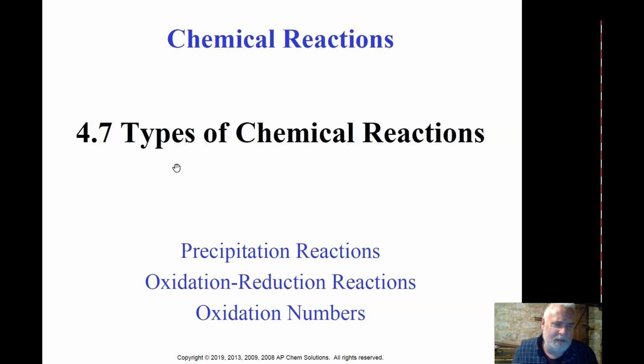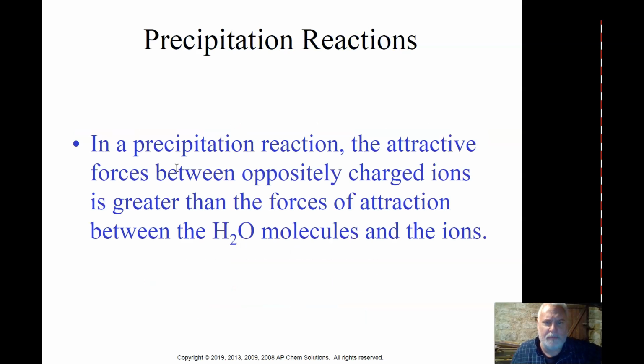All right. So we're going to group the first one as a precipitation reaction, and you probably remember doing some labs. We called it a PPT, a precipitate that was forming in the solutions. So what happens is you have these ions floating around in water.